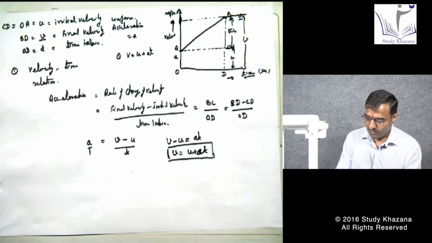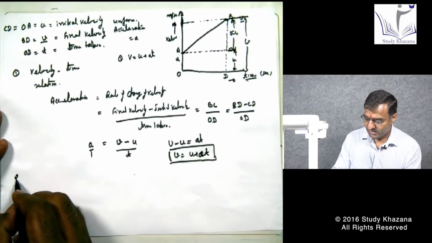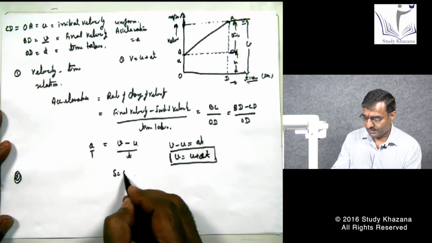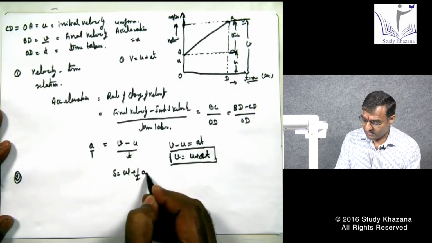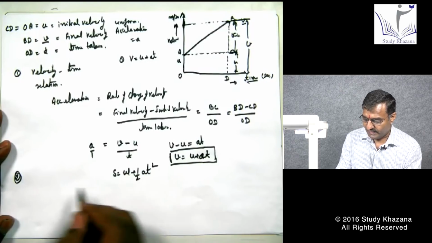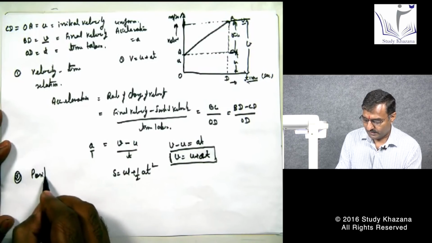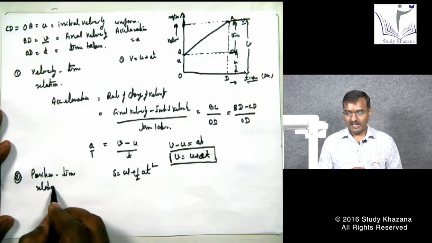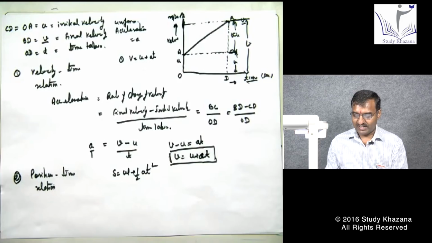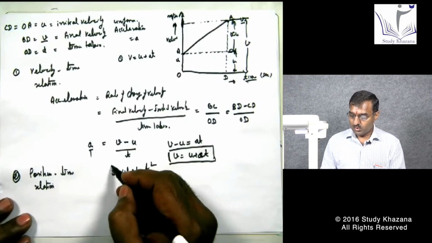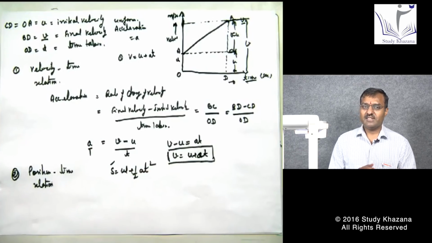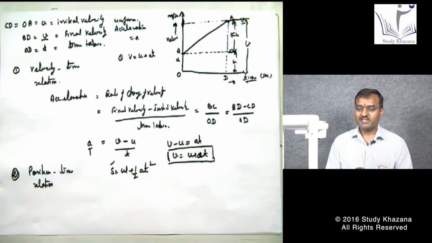In the second, what is that? The second equation is S equal to UT plus half AT square. Now what is this? This is our position-time relation. Now how to derive this position-time relation? Position means S, the distance traveled, and time is T. As I have shown you in previous graphs, with this graph we can also measure the distance.